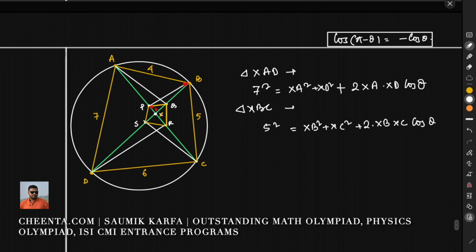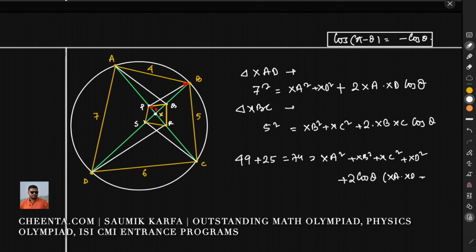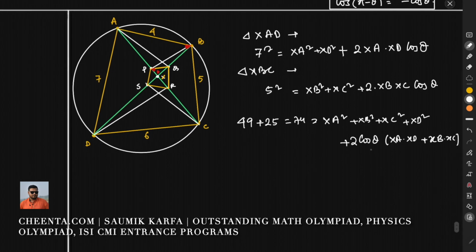Now if I add up these two relations, what do I get? 49 plus 25, which is basically 74, equal to XA square plus XB square plus XC square plus XD square plus twice cos theta common, XA times XD plus XB times XC. Fantastic. Let us write it as equation 2.